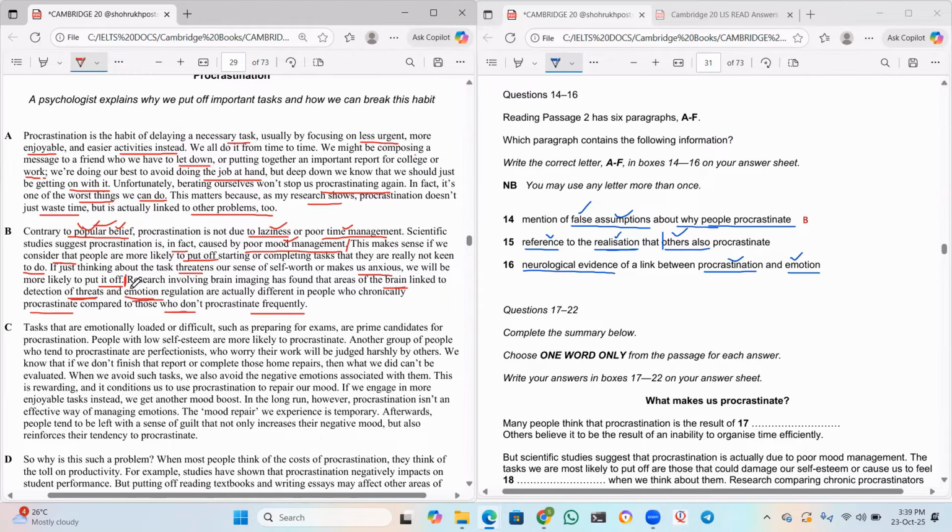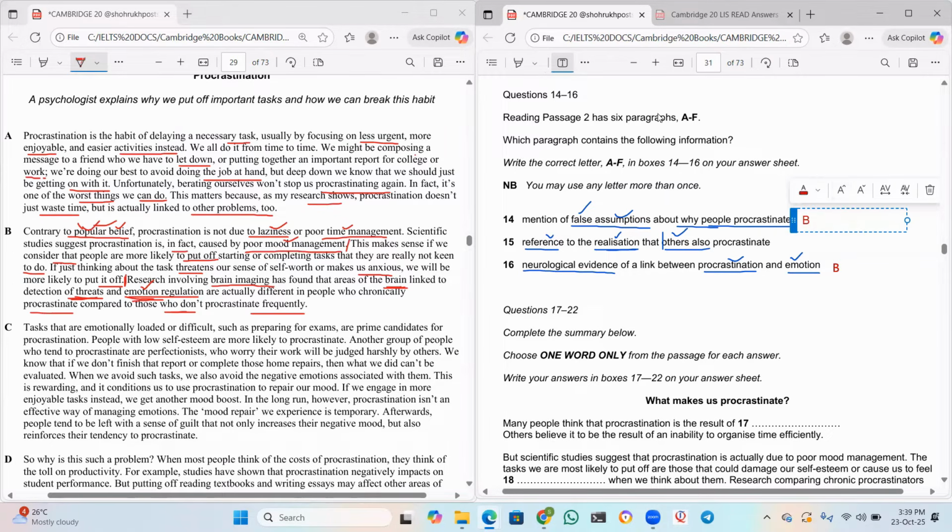Neurological evidence means research involving brain imaging. Neurological means related to the brain, okay? And the link between procrastination and emotion: areas of the brain linked to detection of threats and emotion regulation. Yes, sir, this is the one. Emotions and procrastination. So the last sentence is exactly matching the 16th statement. So B is repeating here. I'll just write B here.